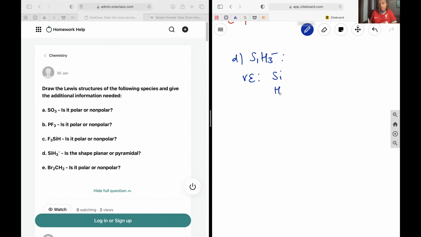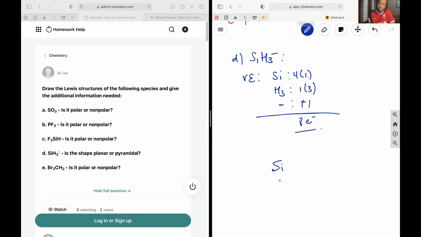I have silicon, I have H3, and remember, a minus charge means I have an extra electron that is making it no longer neutral. And so for my silicon, I have 4 electrons per atom. For my hydrogen, I have 1 electron per atom. And my minus charge gives me +1 on the electrons. And so that's going to lead me to 4 + 4, which is 8 electrons to distribute.